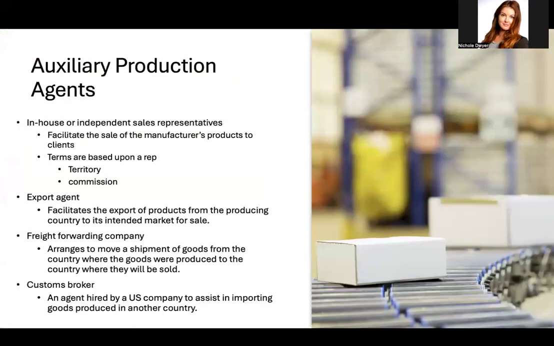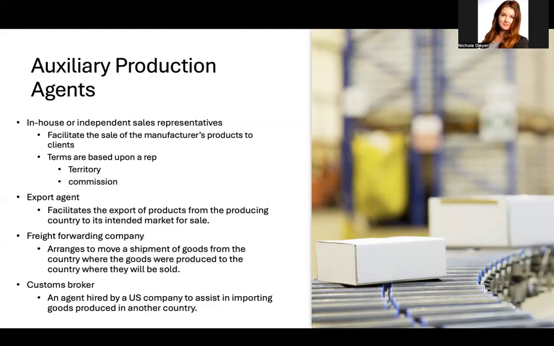And then finally, when we think about auxiliary level agents that support the production of your supply chain overall, there are many individuals and or companies that take on an auxiliary level of role to help facilitate the flow of goods as well as likely the sale of goods. So to start, we look at in-house or independent sales reps.